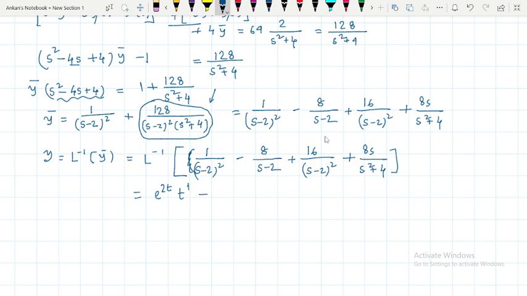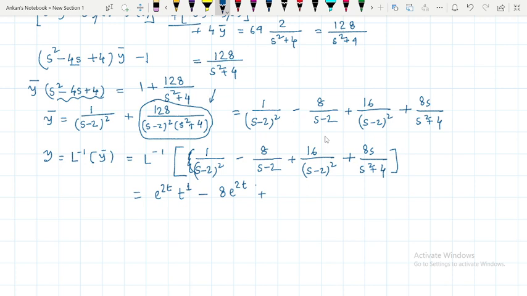minus, this is 1 not prime, minus 8 into, okay, so 8 into 1 by s minus 2, so e to the power 2t by the shifting theorem, then 1 by s means 1, so nothing appears here.